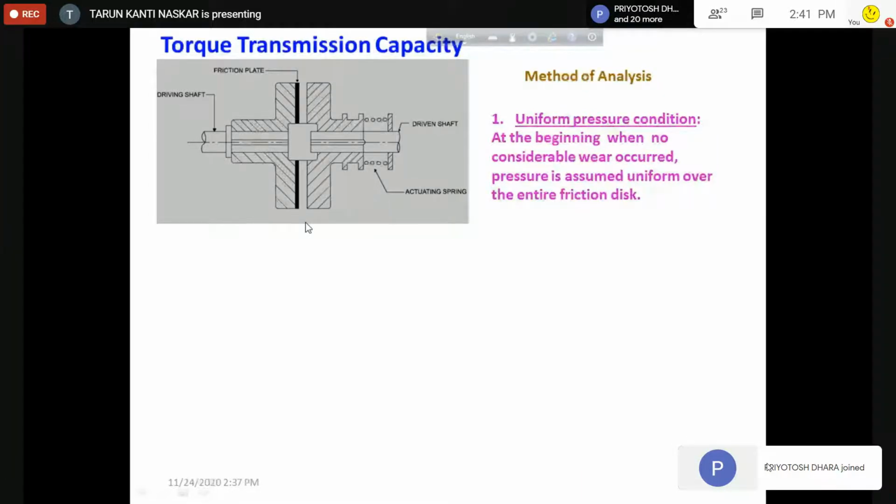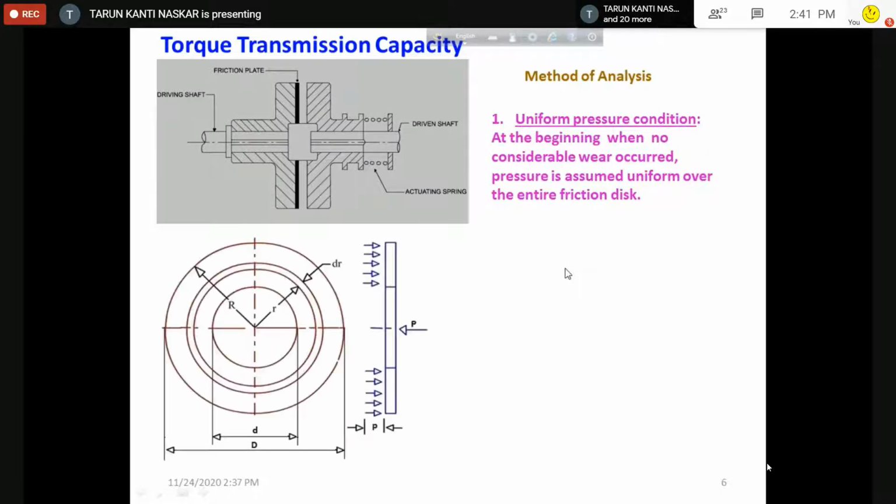When it is a new machine, there is no wear, so obviously the plate is perfectly flat. When the plate is perfectly flat, then the uniform pressure condition works. Why is it uniform pressure? Because the plate is perfectly flat, so when it touches the friction plate, the pressure will be uniform.